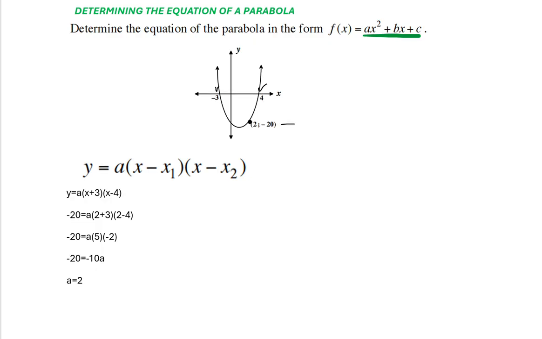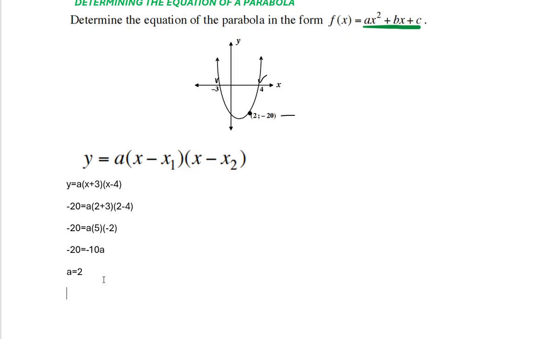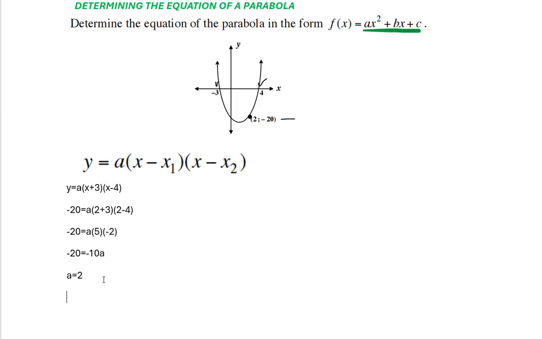Let's continue. We have our a already. After finding the value of a, you go back to your equation, which is y is equal to, you put your a back, which is equal to 2.